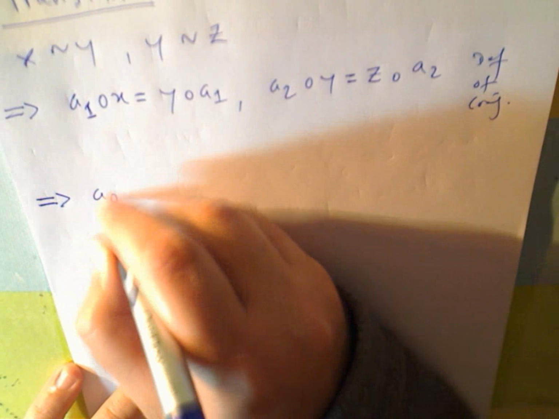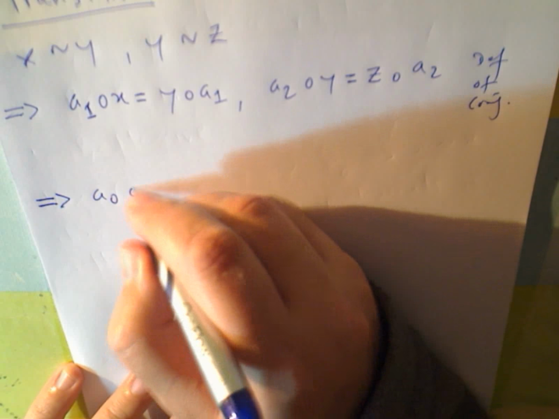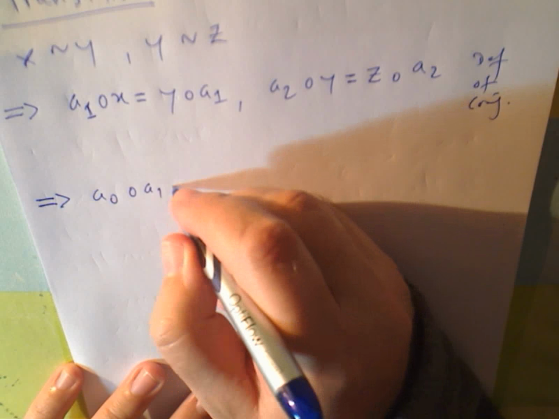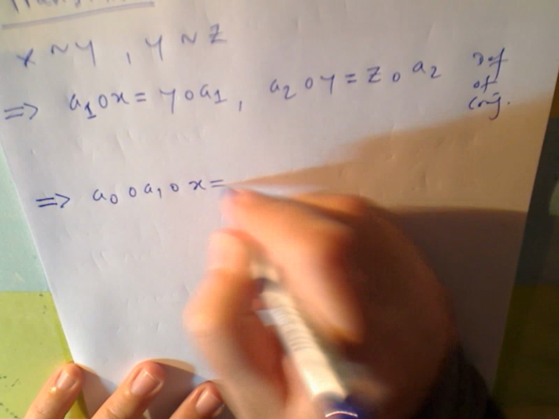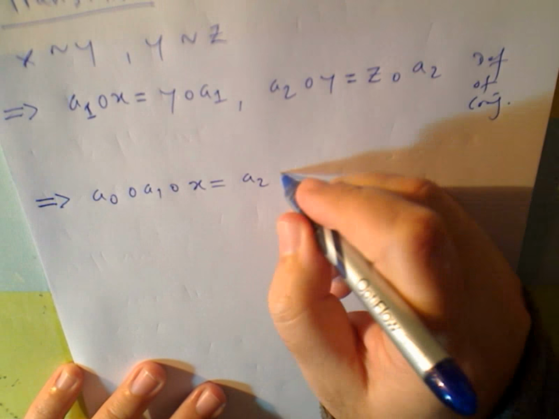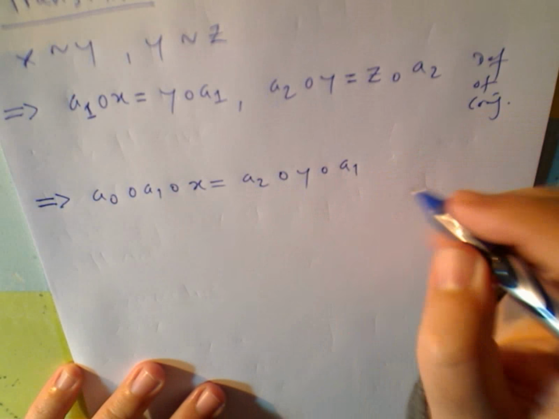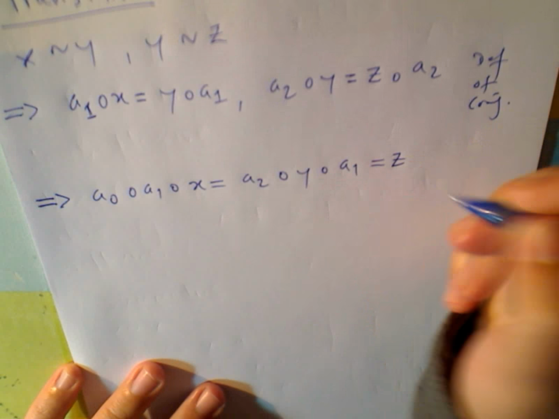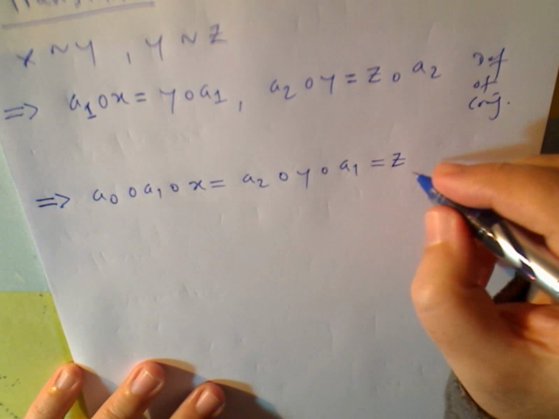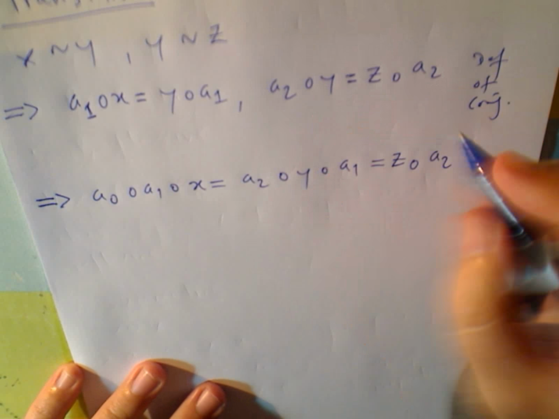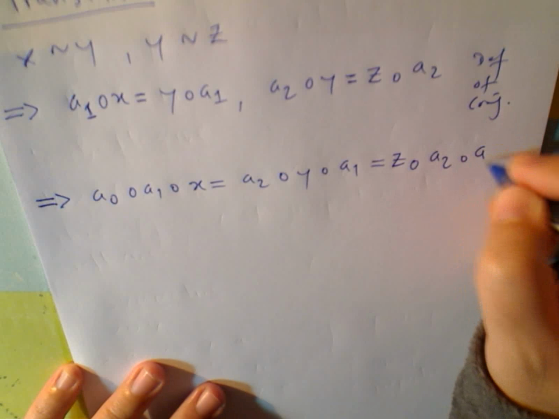So now we have x here, we can replace y there. It's really easy. You can do A2 times A1 times x equals A2 times y times A1 equals z times A2 times A1.